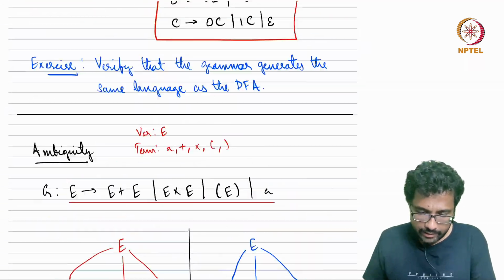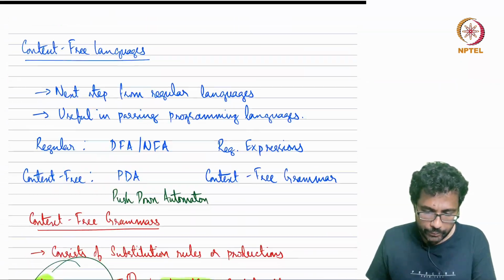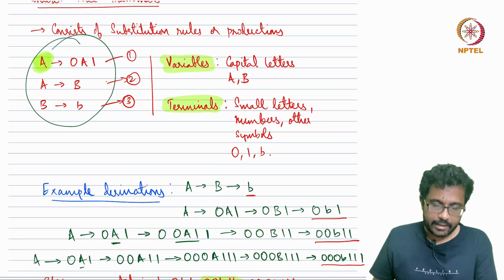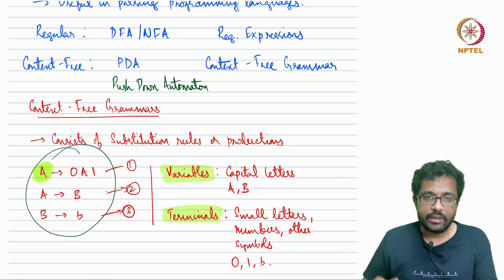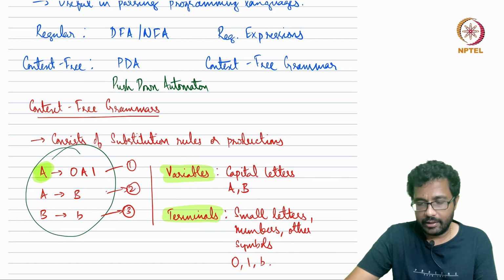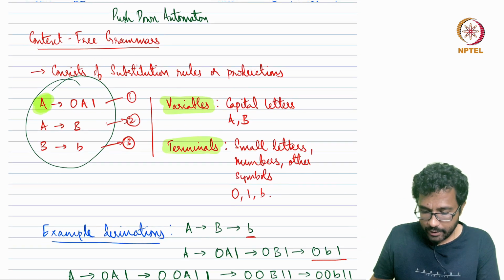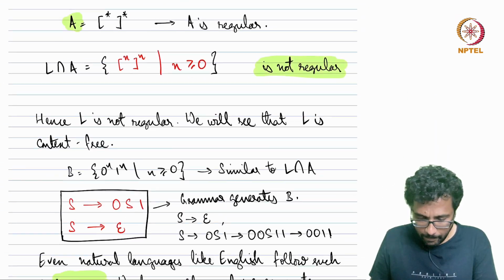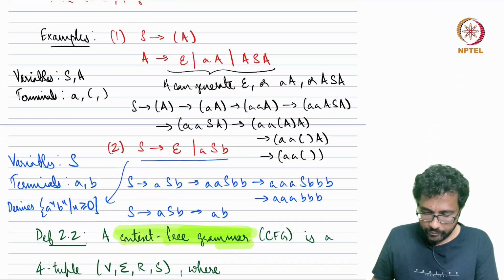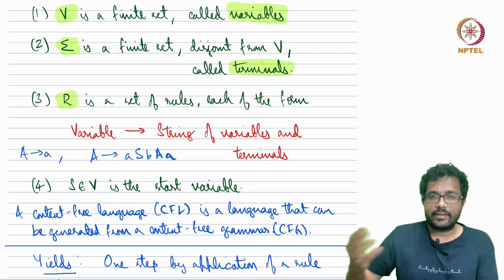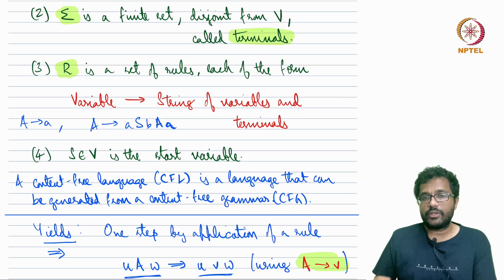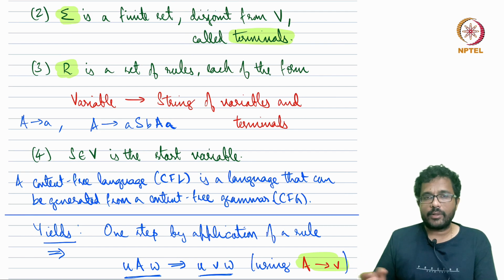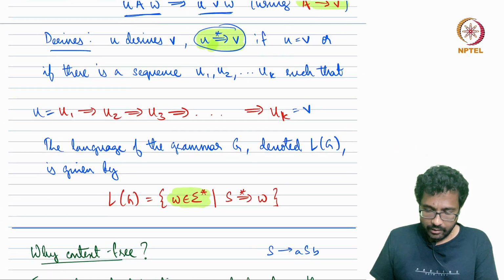So I will quickly summarize this lecture. We introduced context free languages. We said that there are two representations, using push down automata and using context free grammar. We are going to see context free grammar. We defined context free grammar. We saw some examples. We saw which strings are generated from the context free grammar, and what language is generated from it.